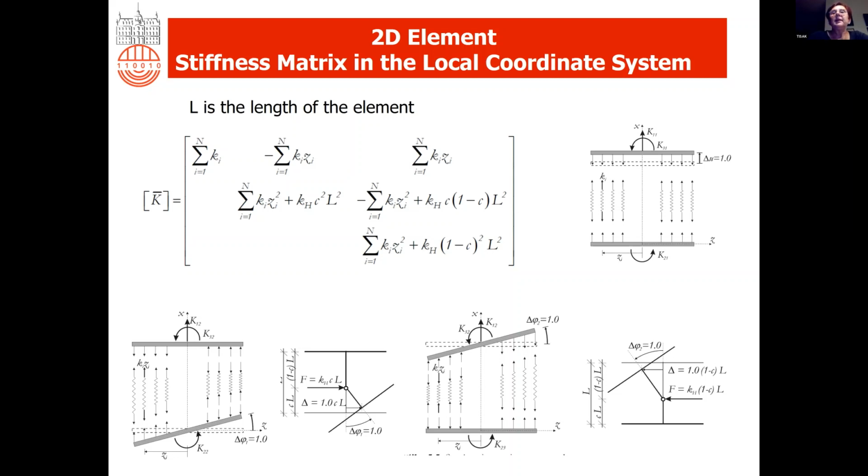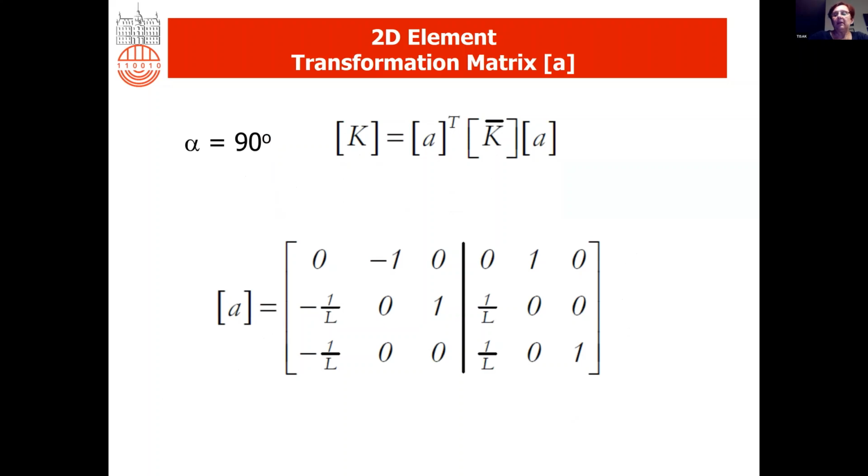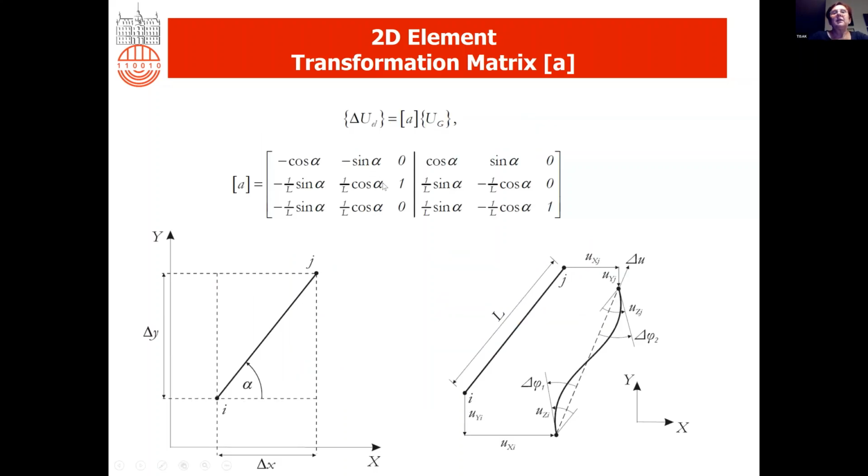So this is the stiffness matrix in the local coordinate system. Then, of course, it is transformed from the local to the global coordinate system in a standard manner. Here is a transformation matrix. These 3 degrees of freedom are transformed to 6 degrees of freedom, which are typical for each analysis. Here is the general transformation matrix depending on the inclination angle of the element.